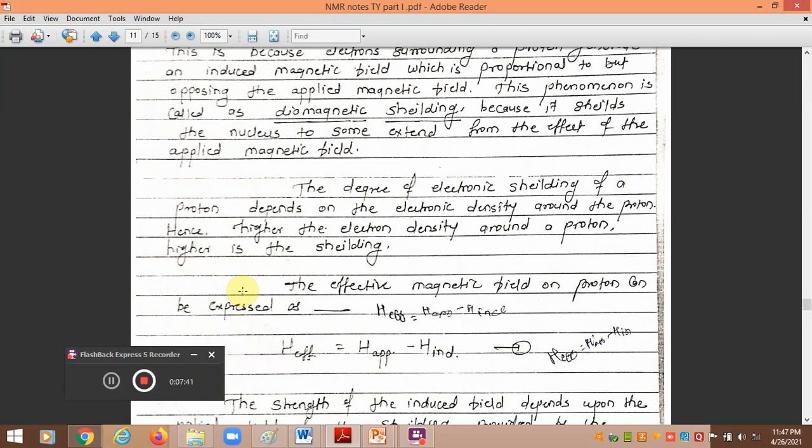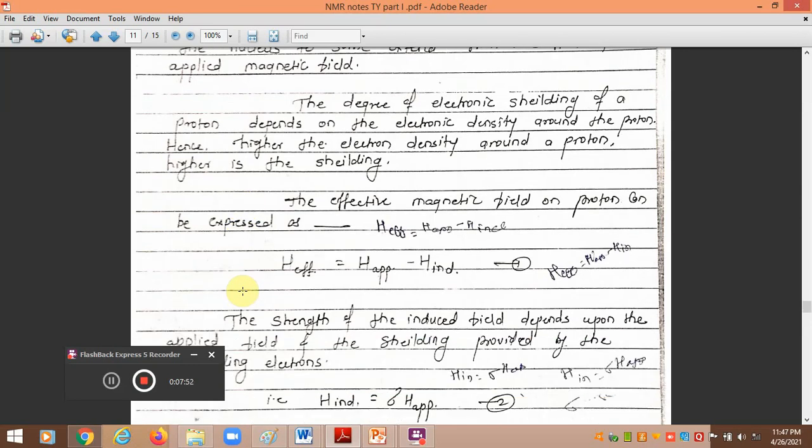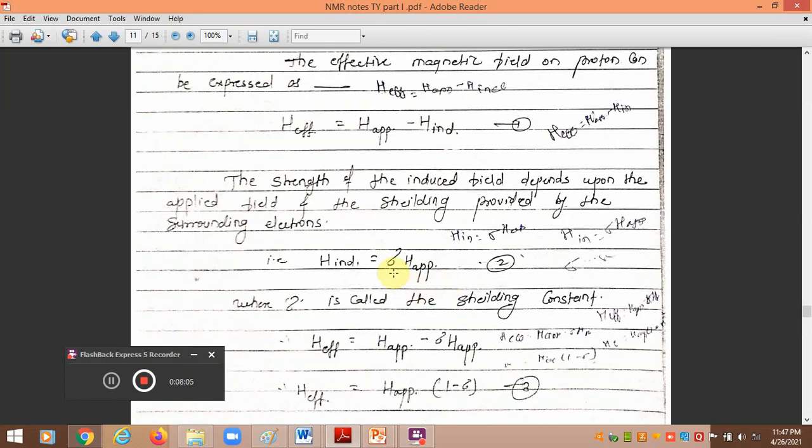Therefore the effective magnetic field on the proton can be expressed by this equation: H effective is equal to the difference between the applied magnetic field and the induced magnetic field, and the strength of the induced magnetic field depends upon the applied field and the shielding provided by the surrounding electrons. So the strength of the induced magnetic field is delta times the strength of the applied magnetic field.